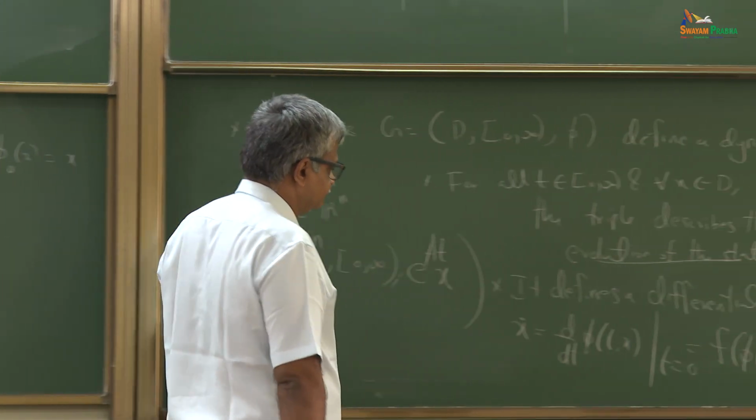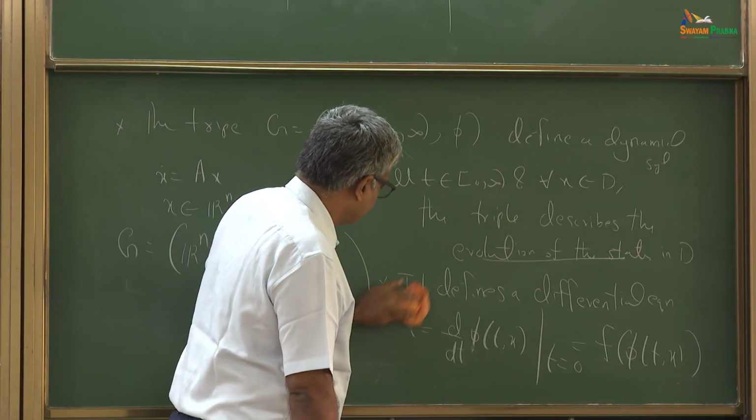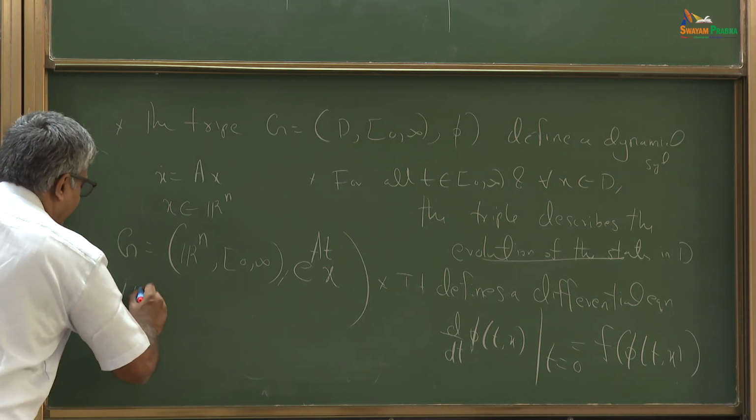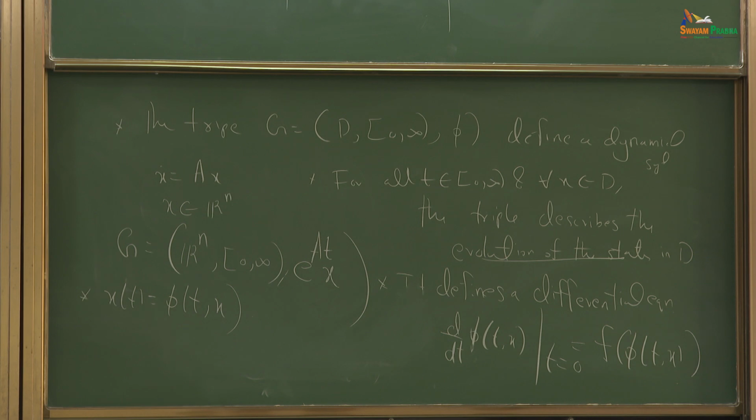In fact, maybe for the time being I can remove this and write everything in the language of flow. Now you simply call x of t as phi of t, x. And what do you get?